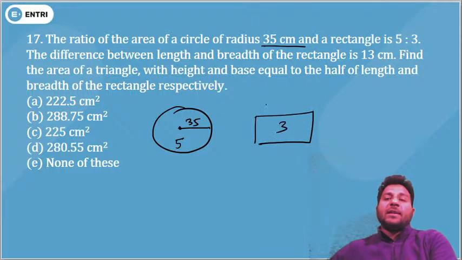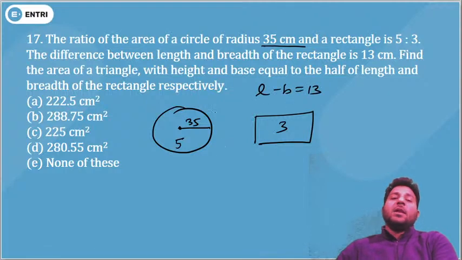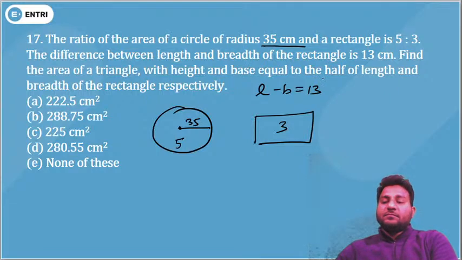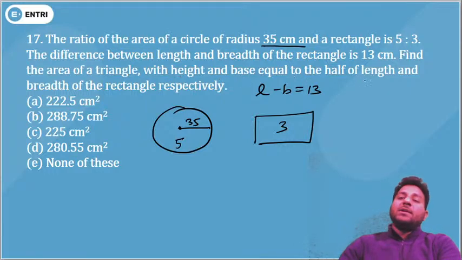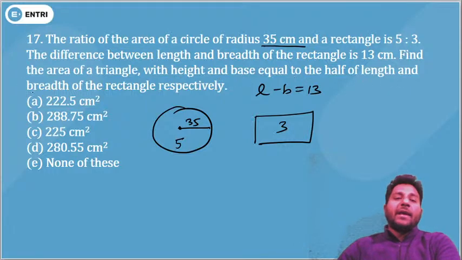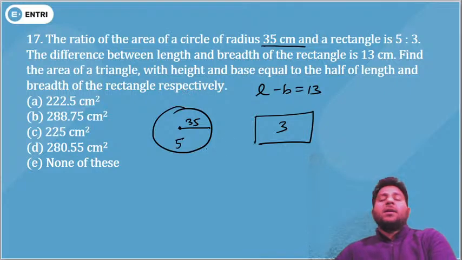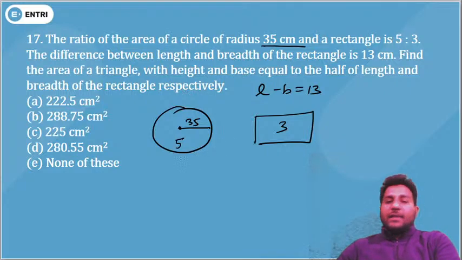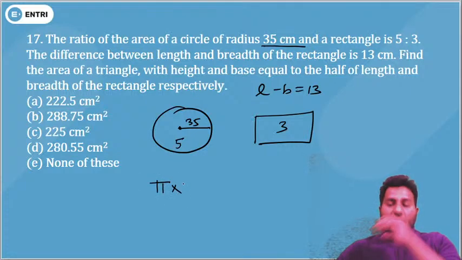The difference between length and breadth of the rectangle has been given as 13 centimeter. Find the area of a triangle with height and base equal to half of length and breadth of rectangle. So let's find out length and breadth. First we need to find out the area of what?